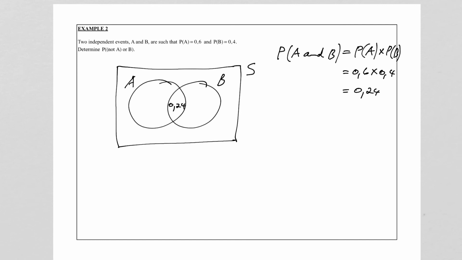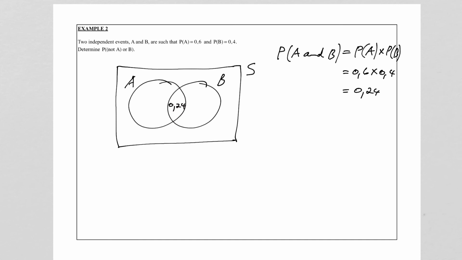So now we need to find this part as well as this one, and then also what is outside. So let's go for this A only. Now we know the probability of A, which is 0.6. So this whole thing must add up to 0.6, but we've got 0.24 already.